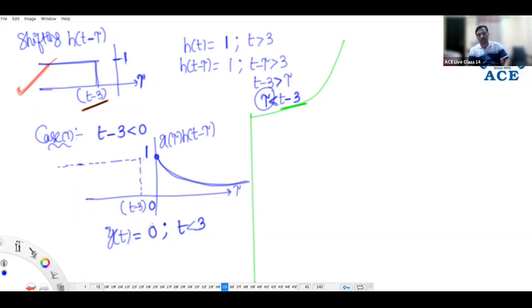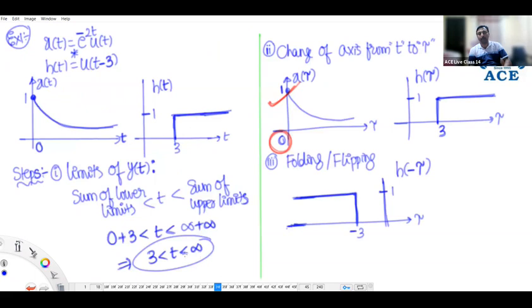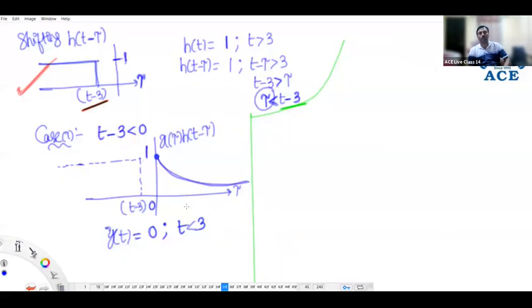Of course, that we know in the first step only. In the first step, what did we decide? Output is there after 3. So before 3, what will be the output? 0. Before 3, output is 0, since the shifted signal has not entered the other signal.